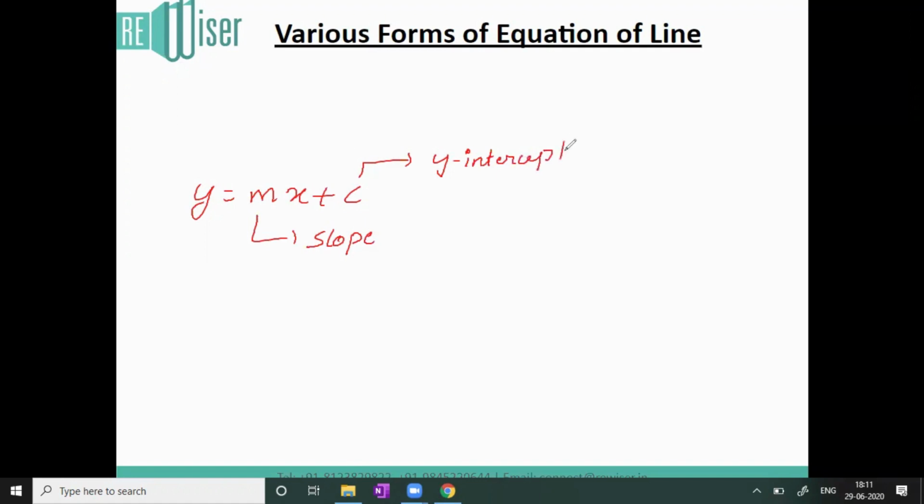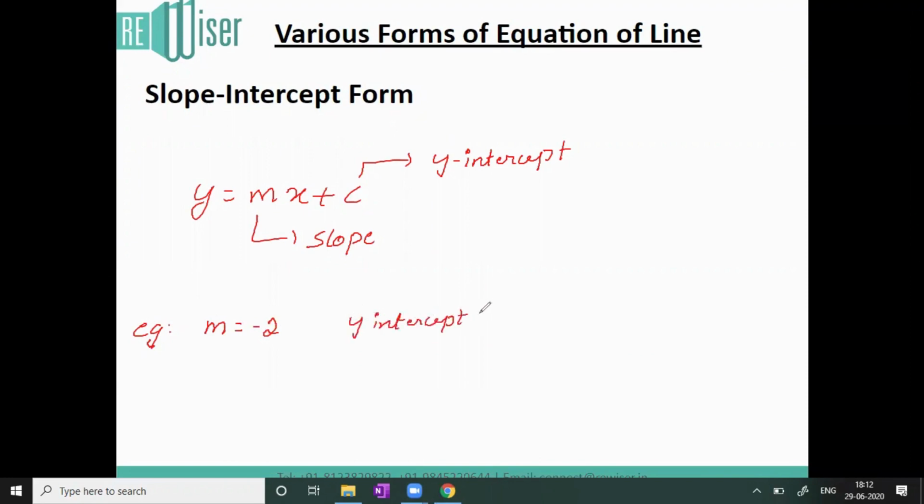Whenever a slope is given and a y-intercept is given, that is known as the slope-intercept form. How does this help us? Let us take an example. Let's say we need to find the equation of a line which has a slope of -2 and a y-intercept of +5.